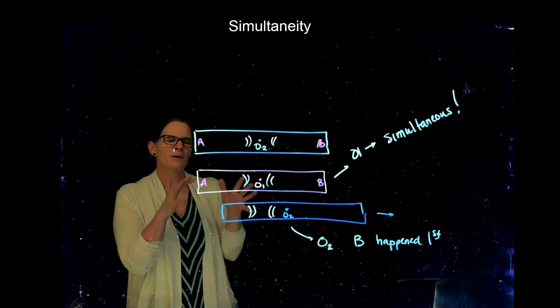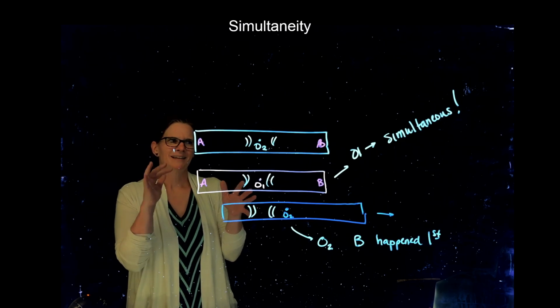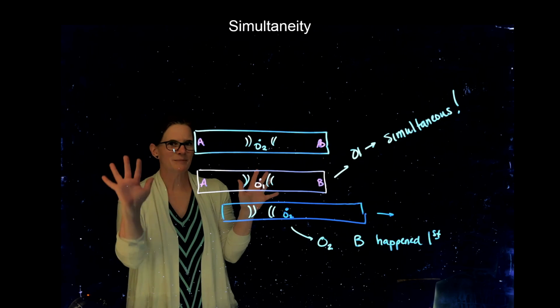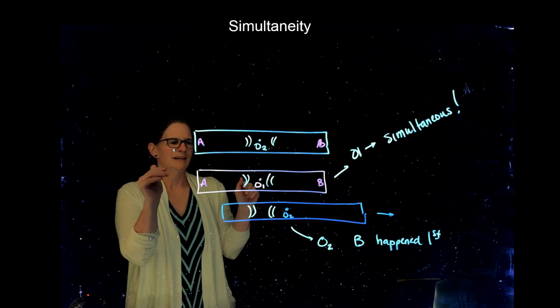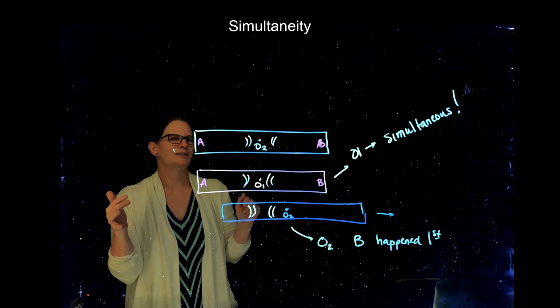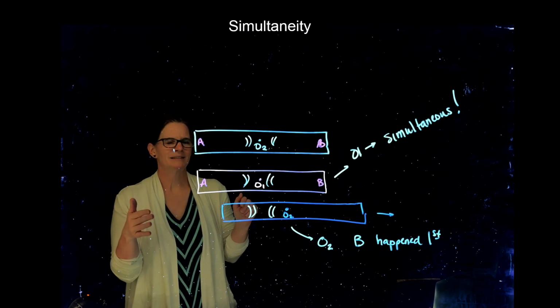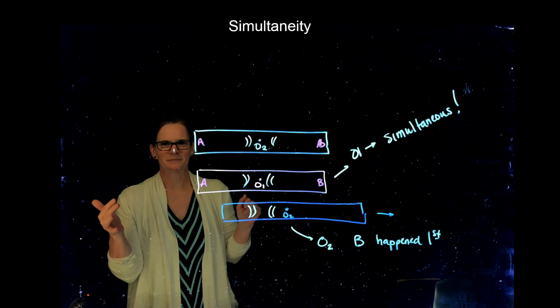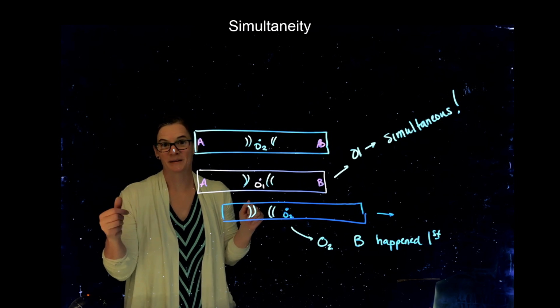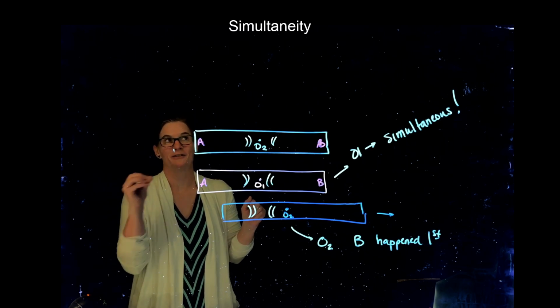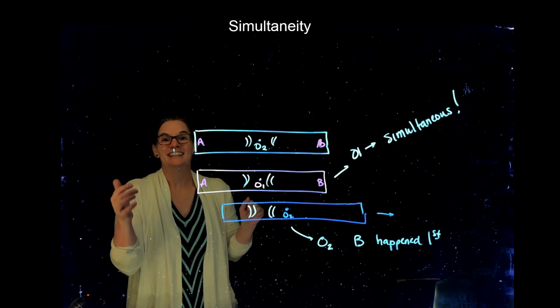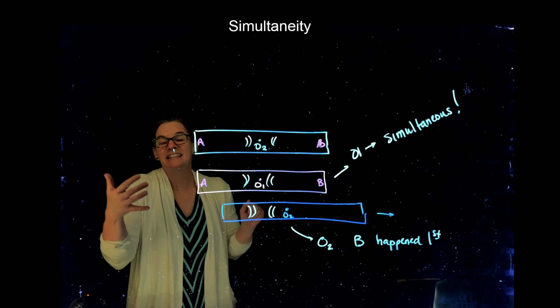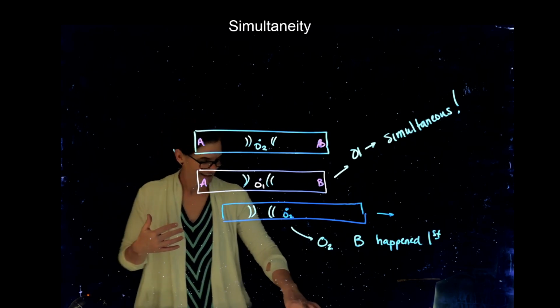If both of them are correct, and one reference frame isn't better than the other, and simultaneity is not absolute, then time can't be absolute. And so that's what the theory of special relativity tells us, that time is not absolute.